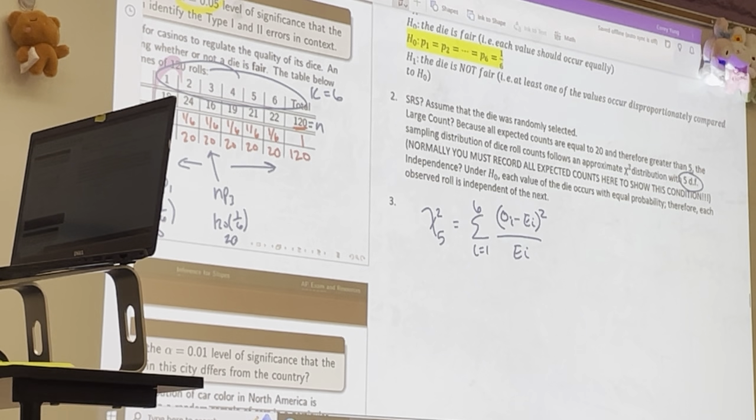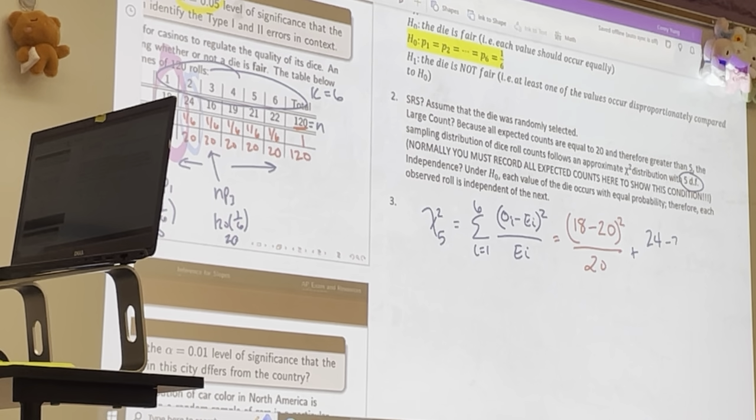So this is what I would suggest doing. If we look at the very first class, the ones, I'm going to write the observed count, which is 18. I observed 18 ones. Subtract its expected count, which is 20. Square that, divide by 20. That's the first class. Going to the second class, plus 24, the observed number in the second class, minus 20, squared, divided by 20.